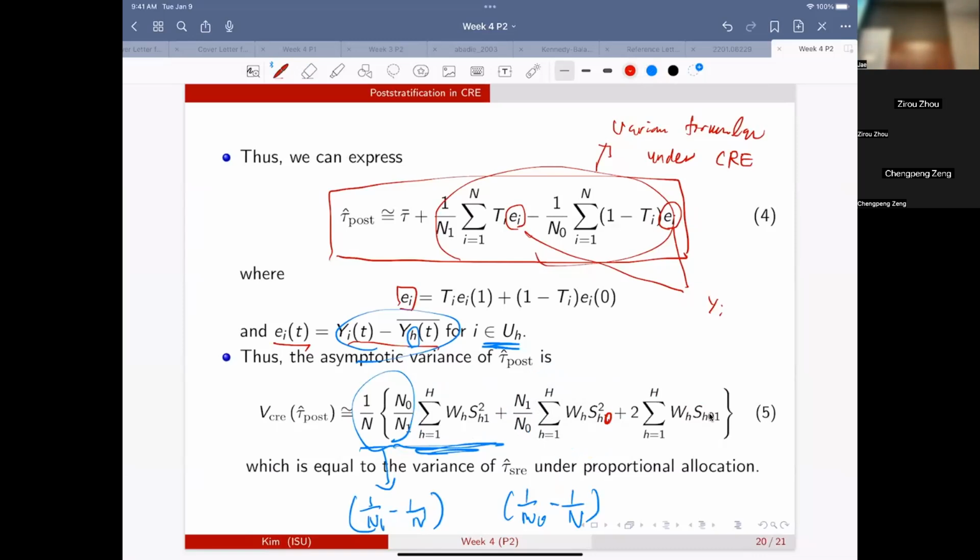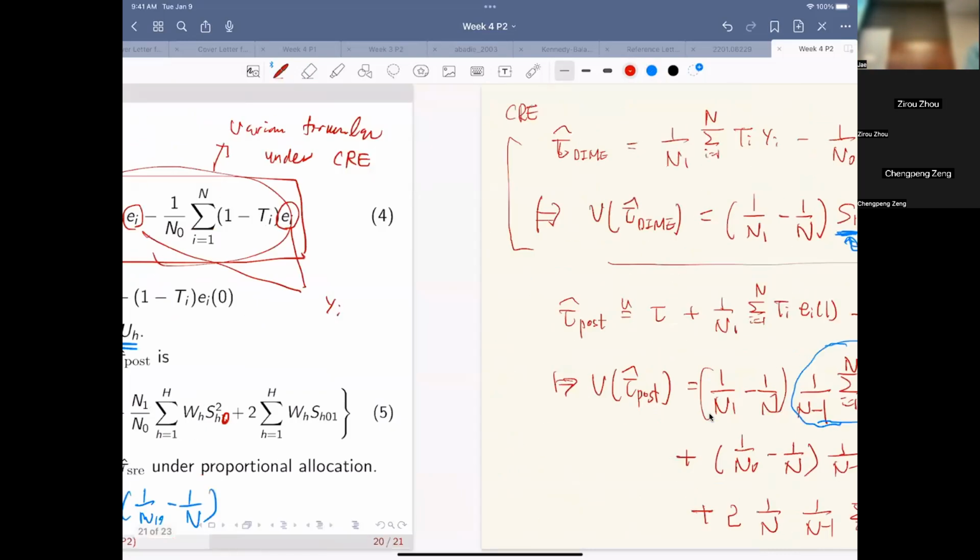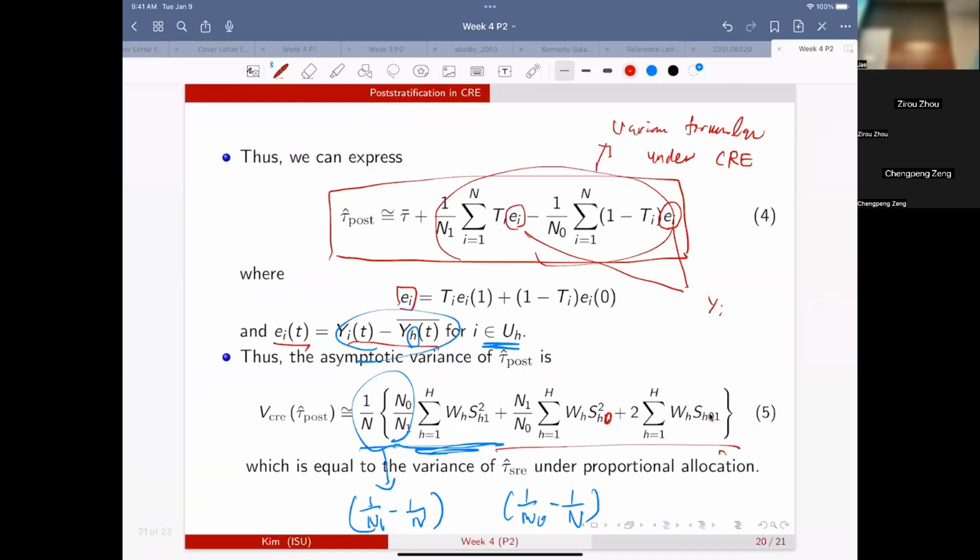And then this one is the covariance of E0 and E1. So that is how you get this. Okay, so that's all about post-stratification.